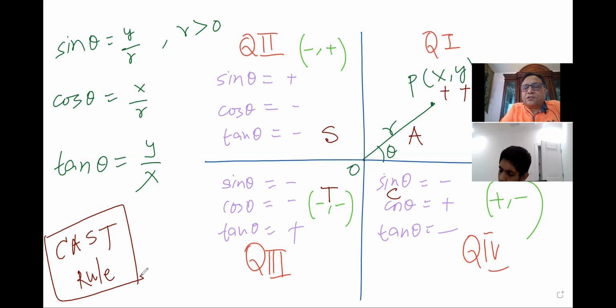Do you understand the CAST rule now, and the reason why it is so? This is very important. That's why have a good look at it. Remember this part. It's a very important point.